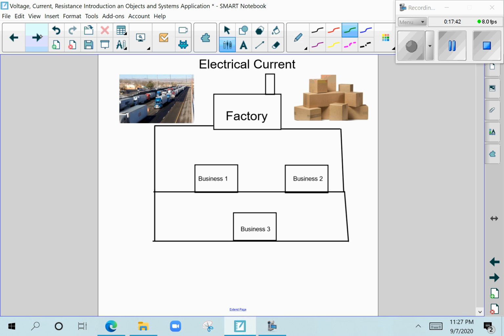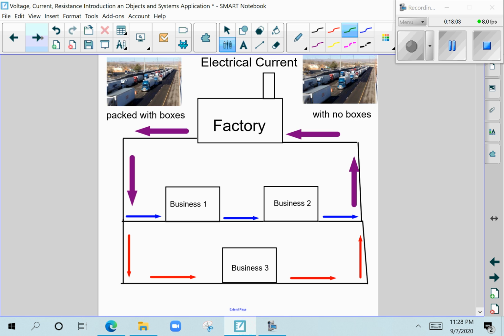So again, if we have my electrical circuit, which is a lot like a factory delivering goods to a business, my battery is the factory, and my trucks are the fleet that's going to carry the goods out to my businesses. Now, a couple of quick things about this. The first thing is, when I have trucks leave the factory, I want the same number of trucks returning.